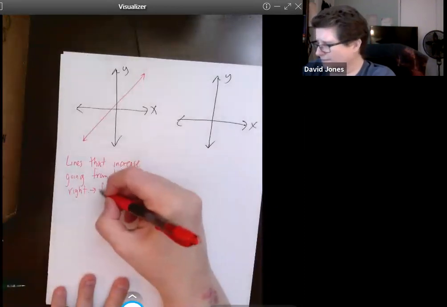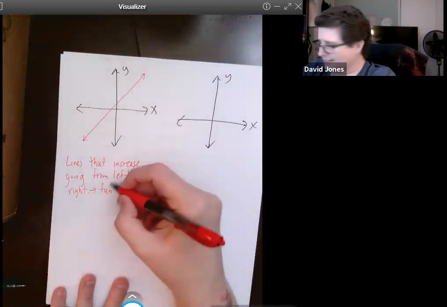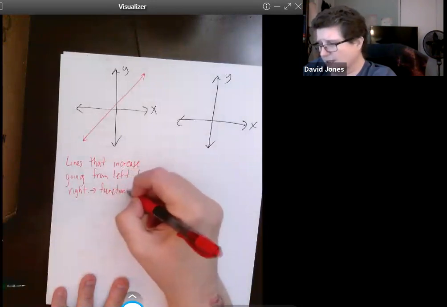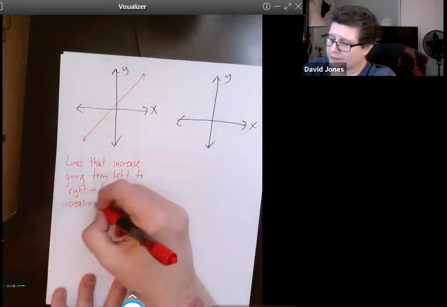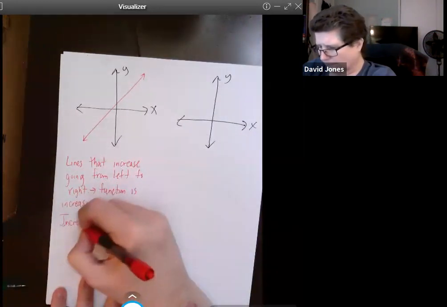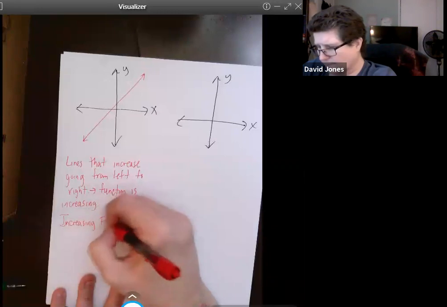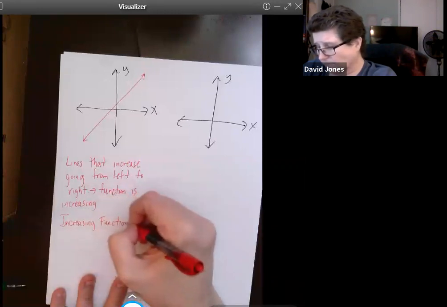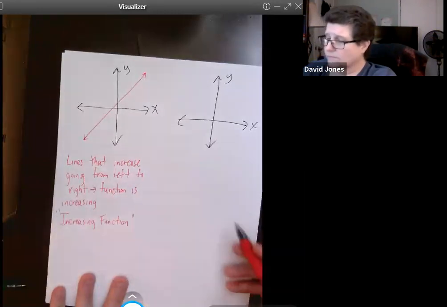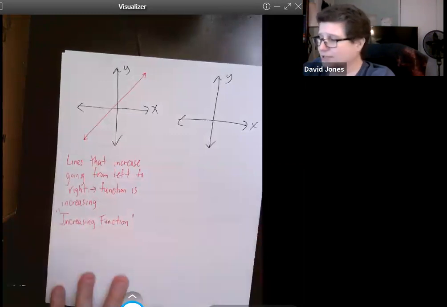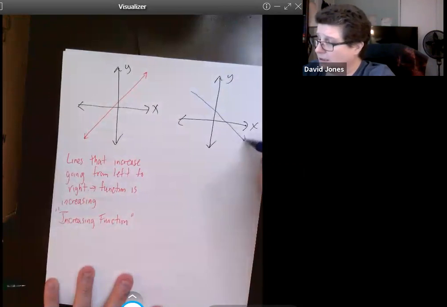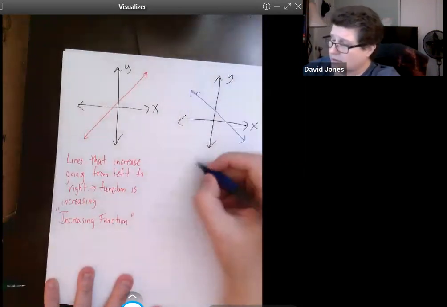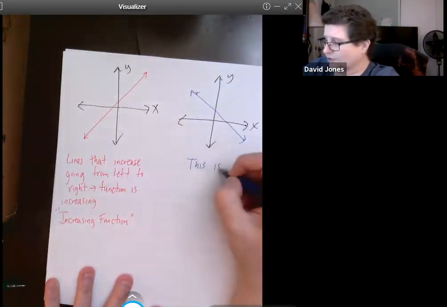These are functions that are increasing. If the function is increasing, we call it an increasing function. If it goes down as it goes left to right, this is a decreasing function.